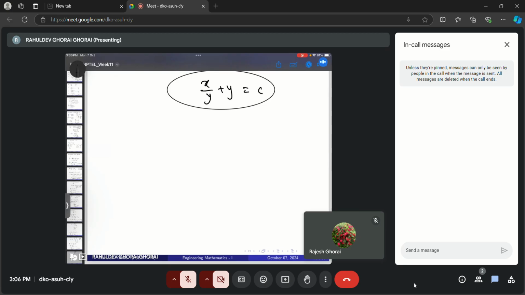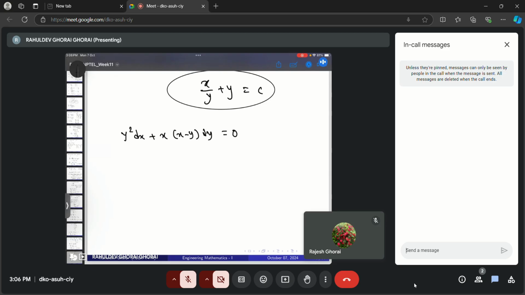Sometimes you may find a homogeneous type of differential equation like this: y square times dx plus x times x minus y dy is equal to 0.